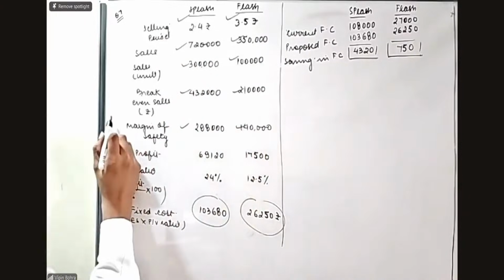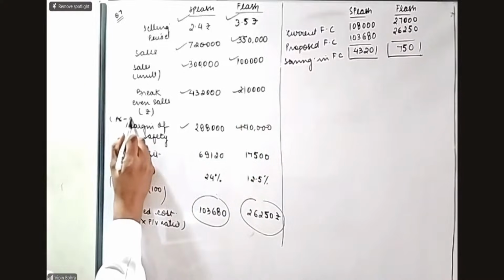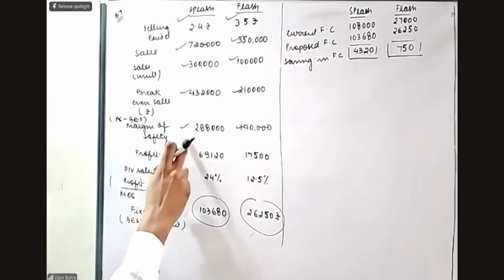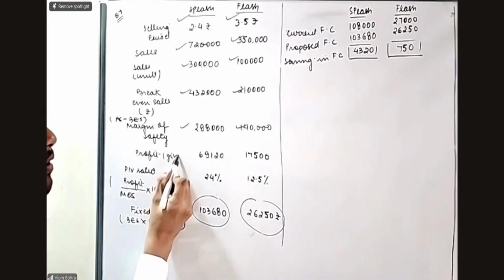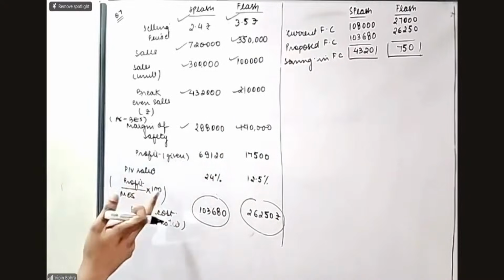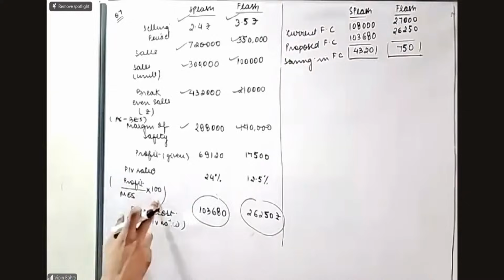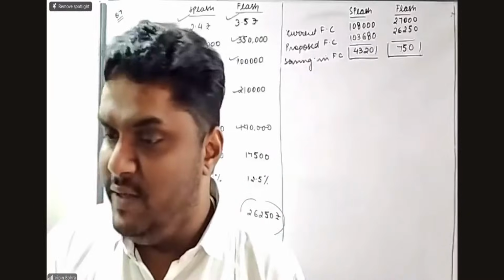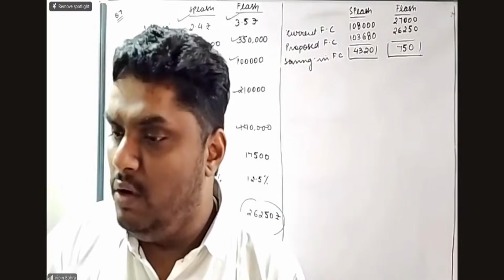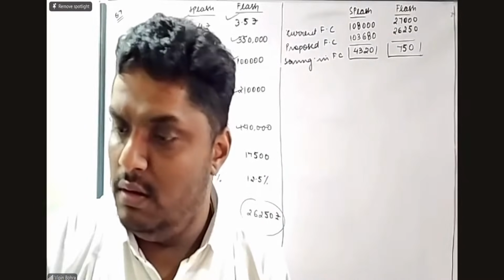Profit is given in the question. So PV ratio, we can easily calculate, that is profit divided by margin of safety into 100. Once PV ratio is calculated, we can easily calculate the fixed cost. So what went wrong, Pooja, Mujahid?